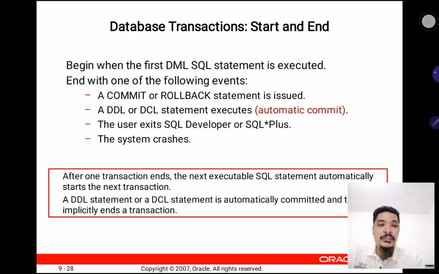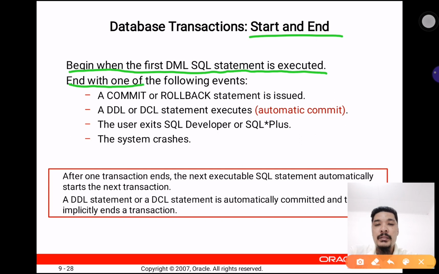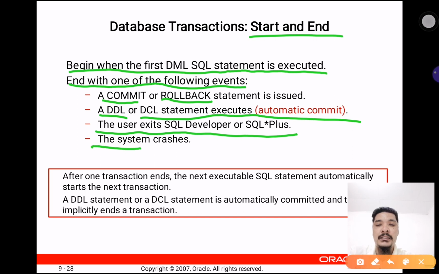When do database transactions start and end? A transaction begins when the first DML SQL statement is executed and ends with one of the following events: a commit or a rollback statement, a DDL or DCL statement executing an automatic commit, the user exiting SQL Developer or SQL*Plus, or a system crash.